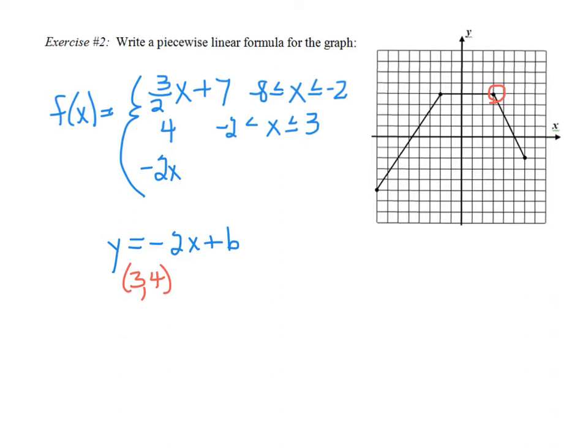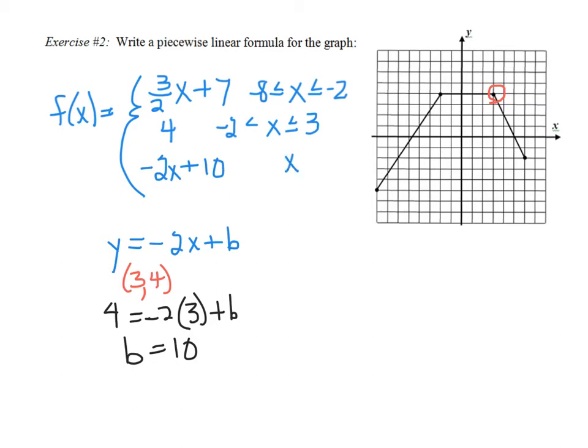So if I substitute that point in for y and for x, I'll be able to tell what the b value is. So for this, I want to say 4 is equal to negative 2 times 3 plus b. That tells me that b is equal to 10. So back up in my piecewise function, that portion is going to be negative 2x plus 10.